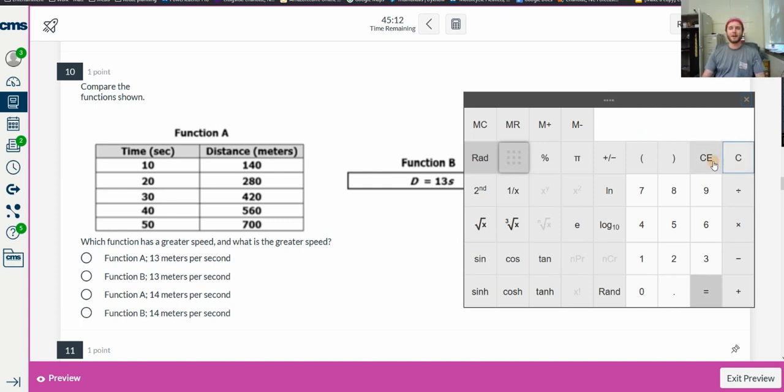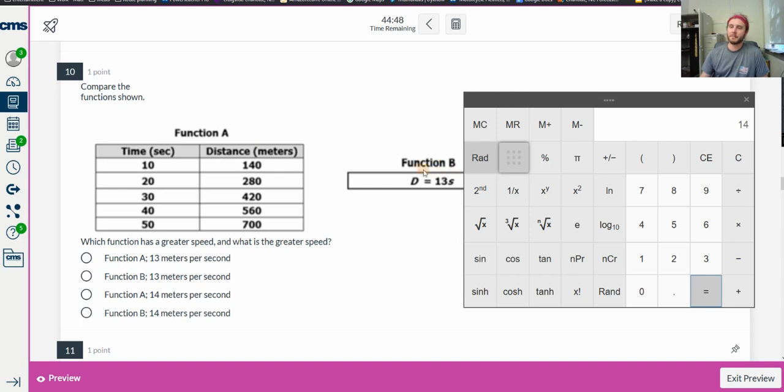So we want to figure out how many meters per second each of these two functions is going. For function A, in 10 seconds, they went 140 meters. So we do 140 divided by 10 seconds. So function A, they're traveling at 14 meters per second.